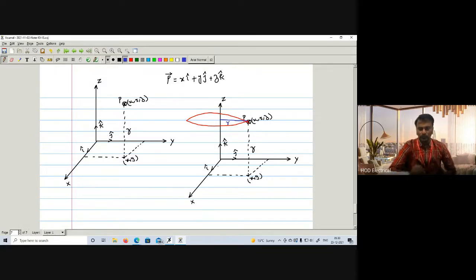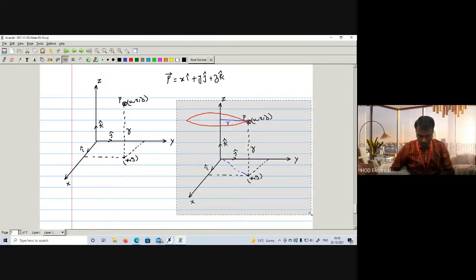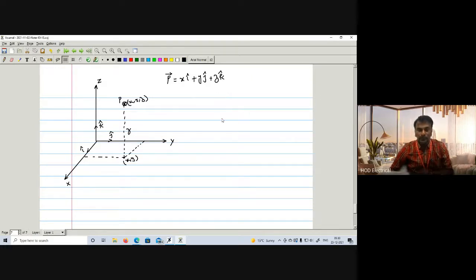Instead of doing that here, let me draw it in a separate cylindrical coordinate system. After that, I will explain how Cartesian is converted to cylindrical.